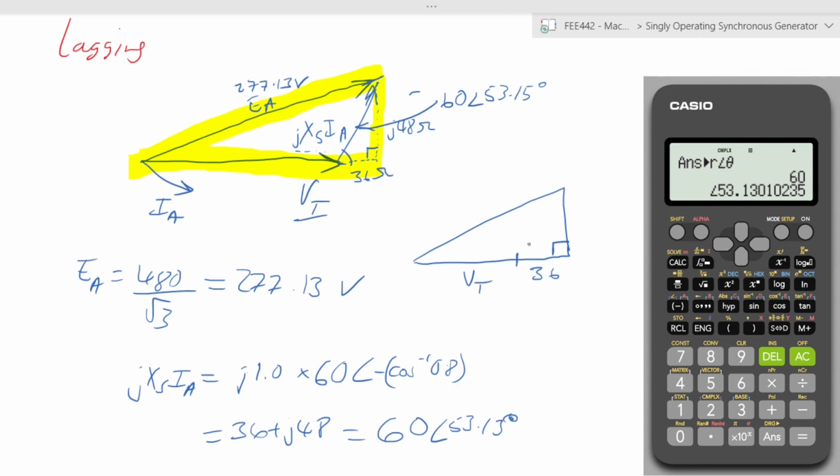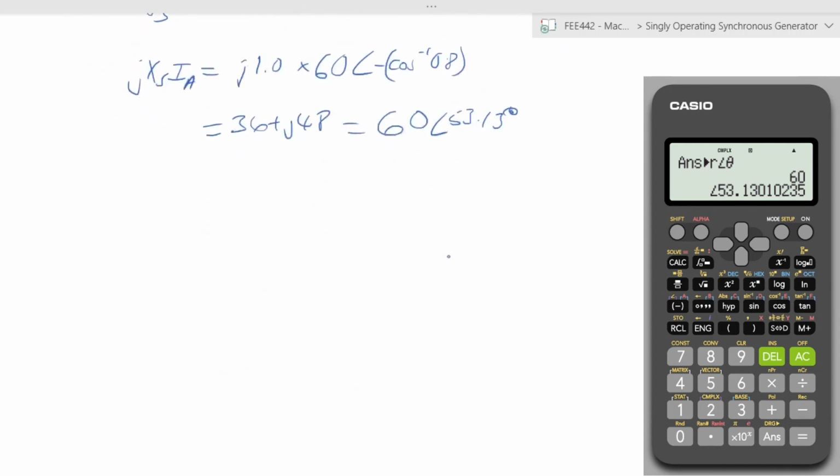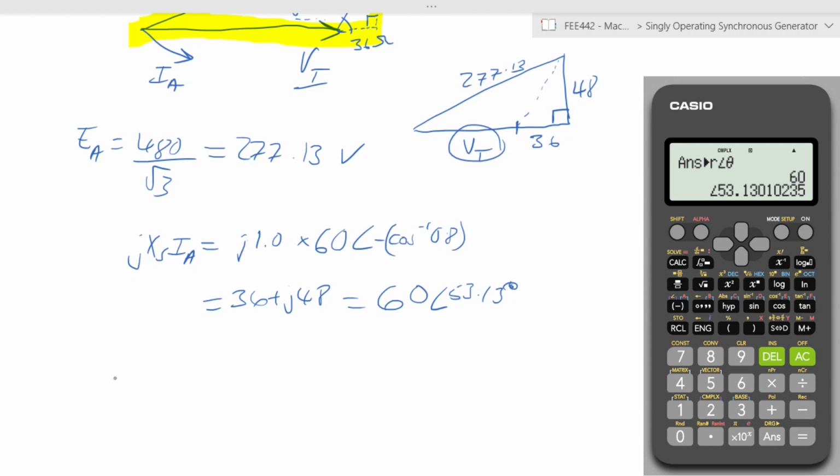After that it is 36 because we have this JXSIA. This side is 48 and this hypotenuse is 277.13, right? So if we want VT, we resolve this triangle. So it will be 277.13 squared is equal to 48 squared plus VT plus 36 squared.